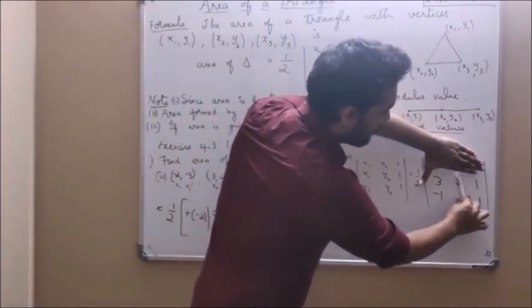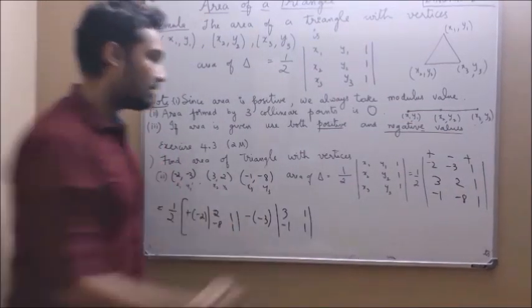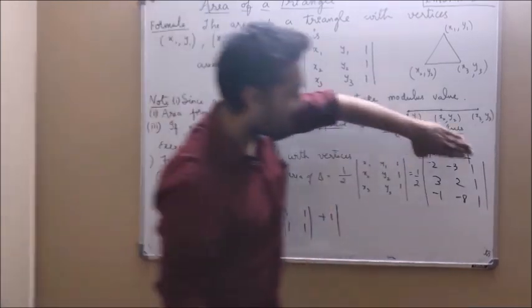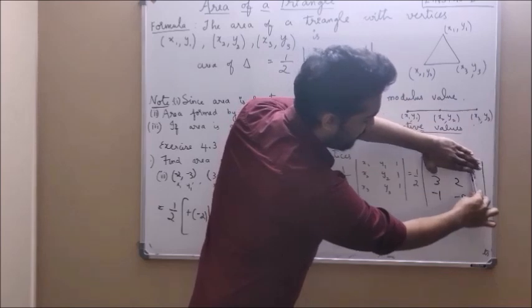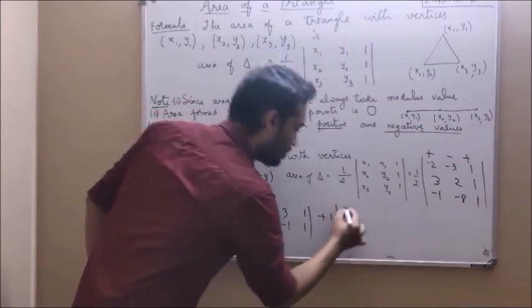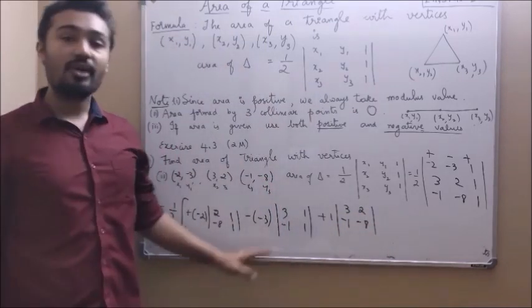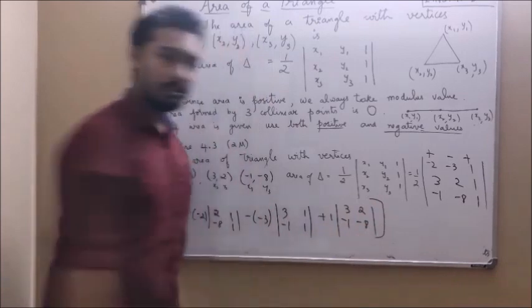What remains? 3 1 minus 1 1. So take the determinant. Next plus 1. Which determinant do you have to take? You have to cover the row and column of 1. What remains? 3 2 minus 1 minus 8. Now we have to take the determinant of this.